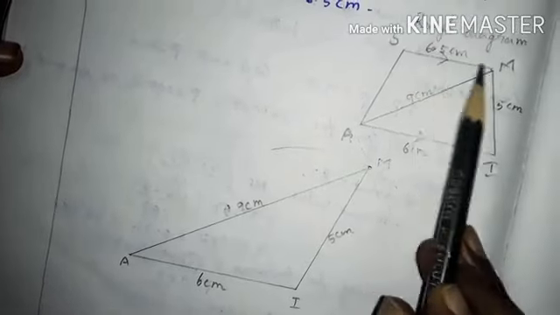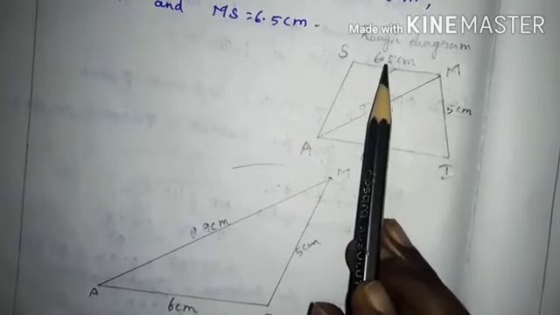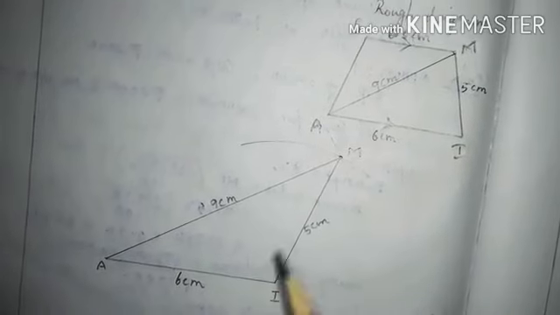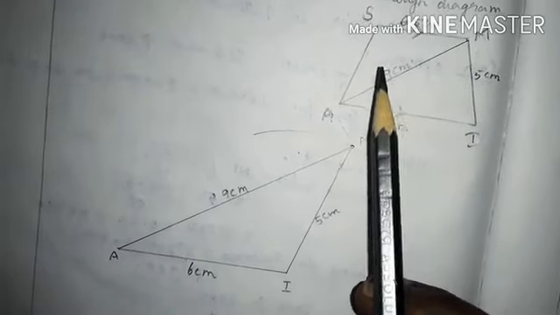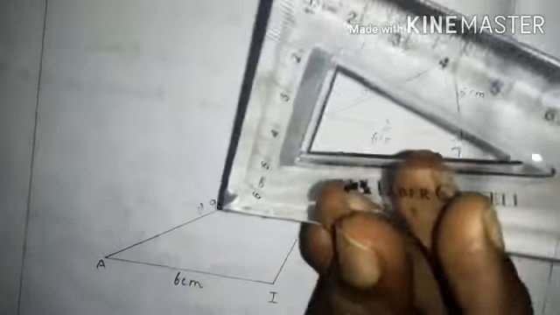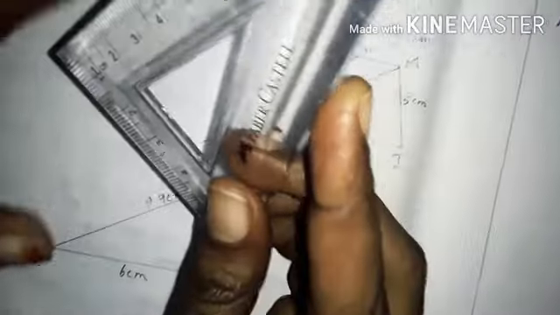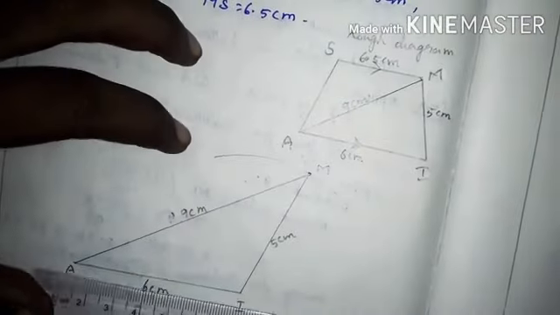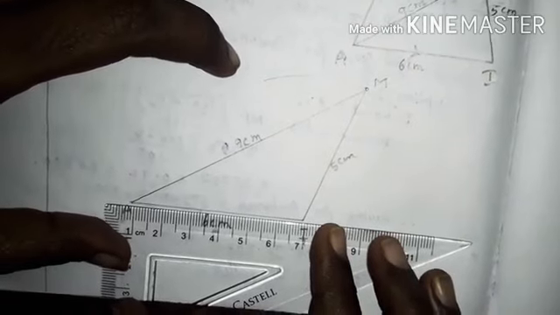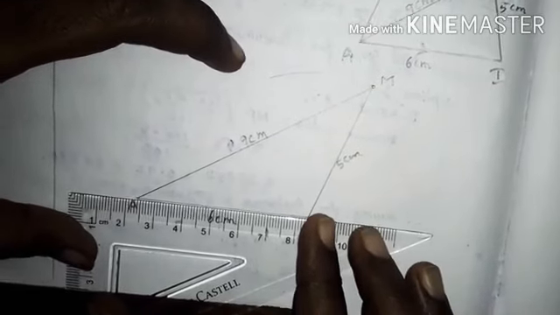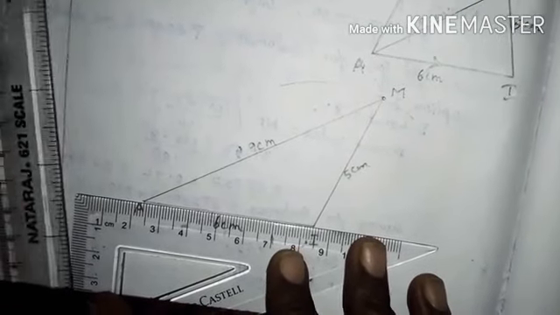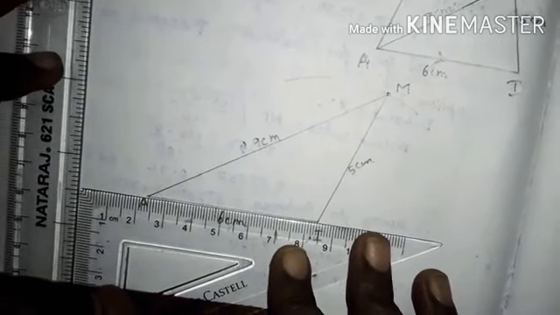Then before drawing the side MS 6.5 cm, we are going to draw the line parallel to AI, that is MS. For drawing parallel lines, you have to take the set square which has a right angle and place it on the base of the trapezium, AI. Then keep the scale on the left hand side of this trapezium.